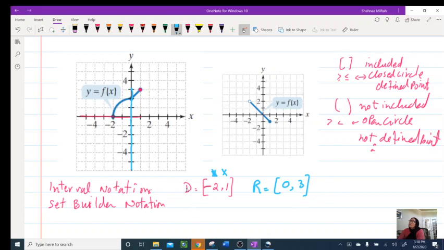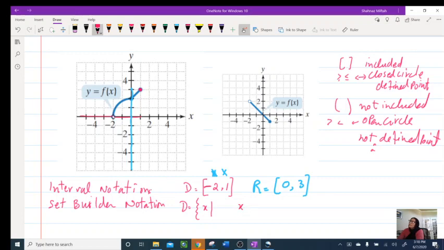Now let's find the set builder notation. How do we do set builder notation? For the domain, you're going to use these squiggly lines, and you're going to say the set of all x such that, now pay attention, this is -2 and that's closed. So I'm going to write x here.